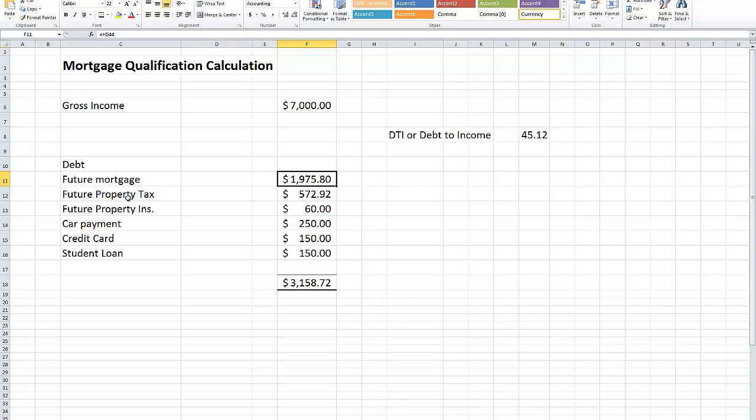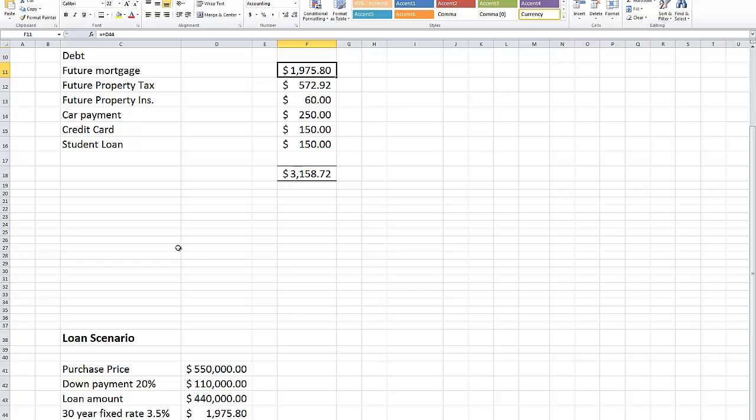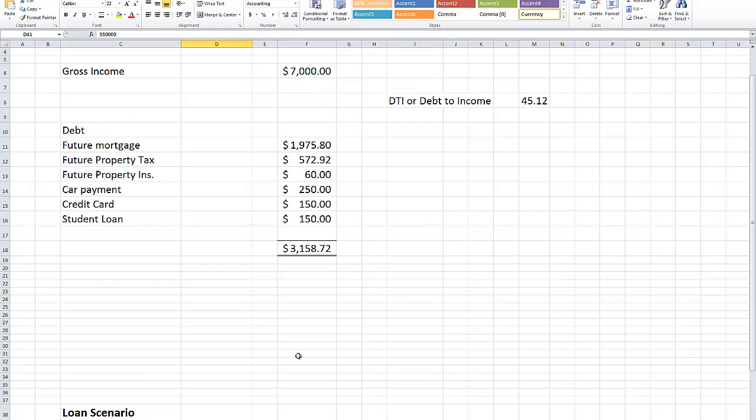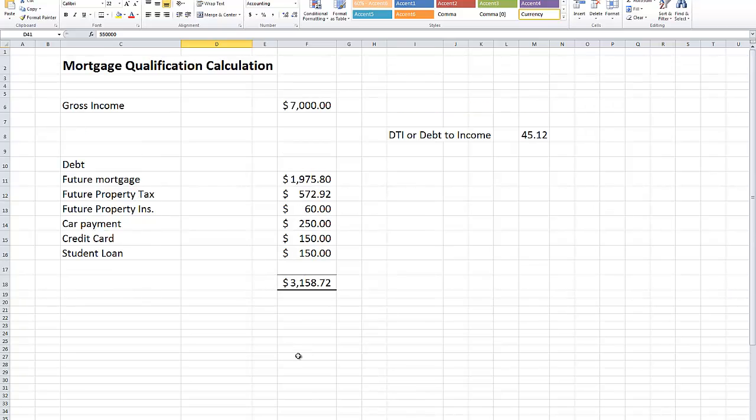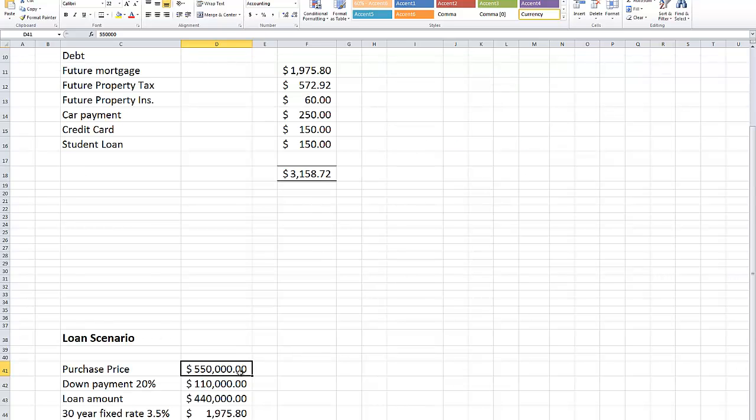The property tax is figured by multiplying the purchase price by 1.25%, and this is in California. Obviously, in different states and different towns, your tax rate would be different, so you just need to plug in those numbers.